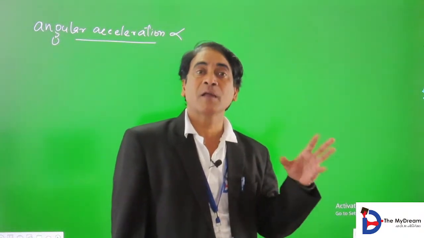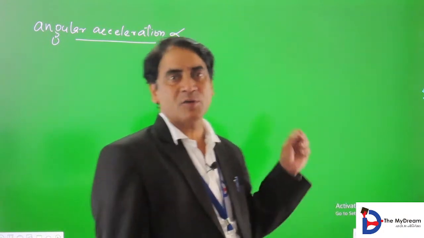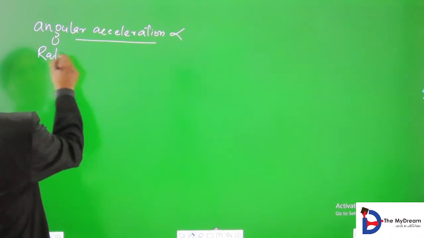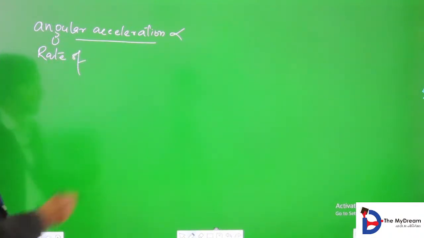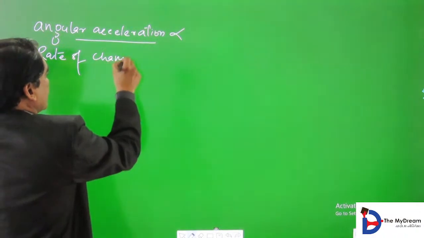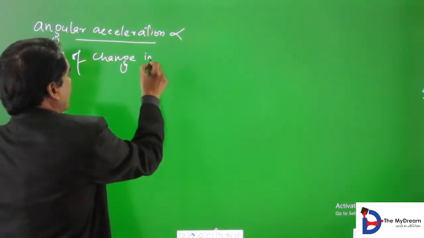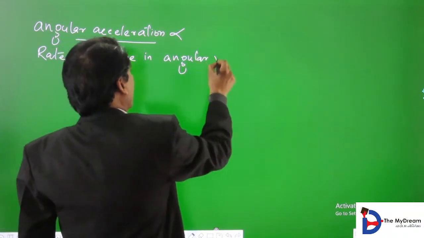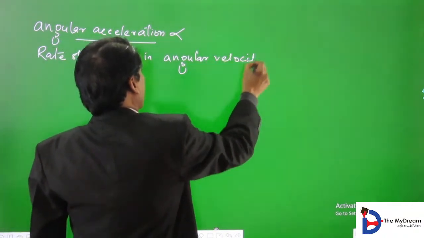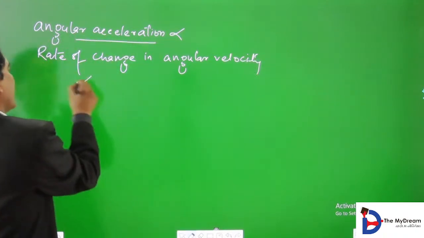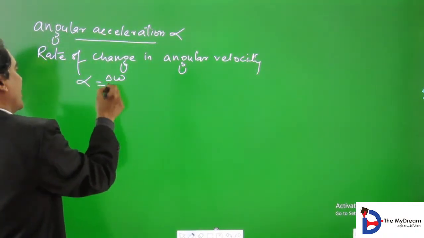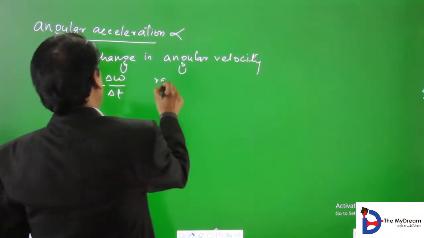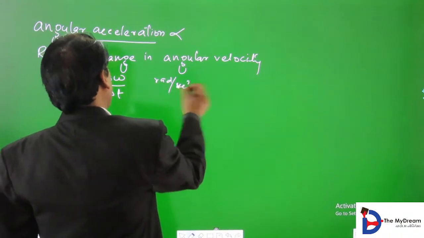Now, the rate of change in angular velocity is called angular acceleration, which is given by delta omega by delta t. The unit is radian per second square.